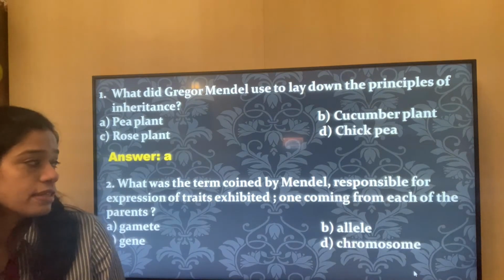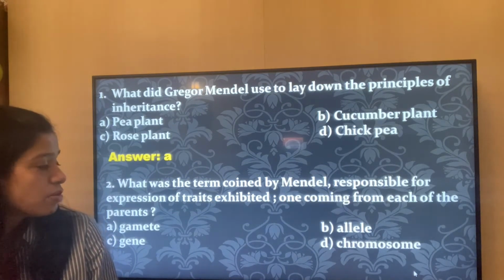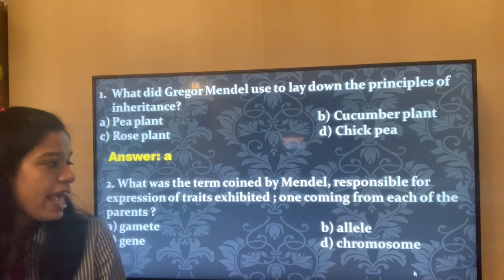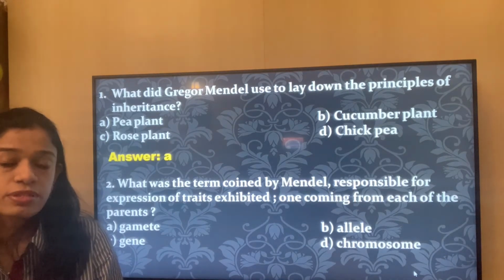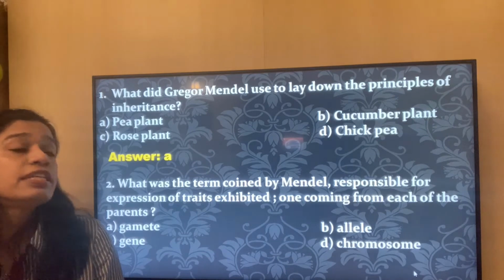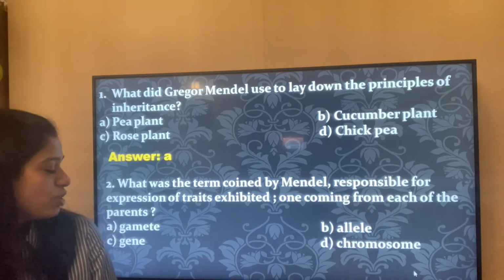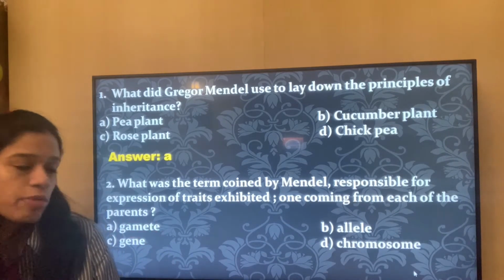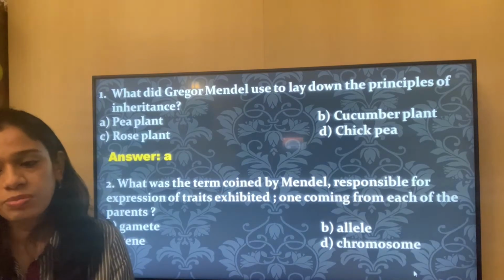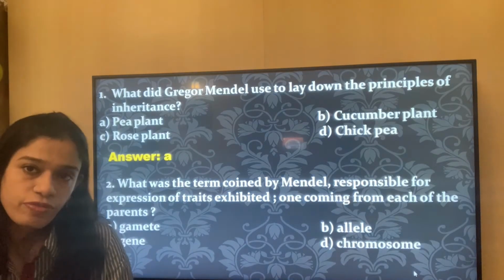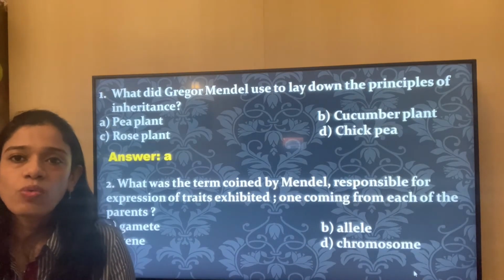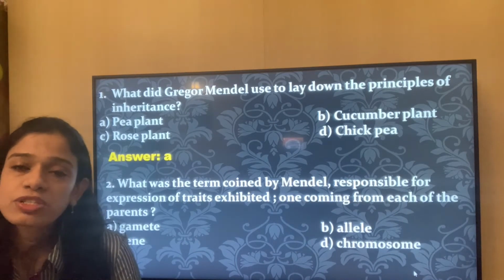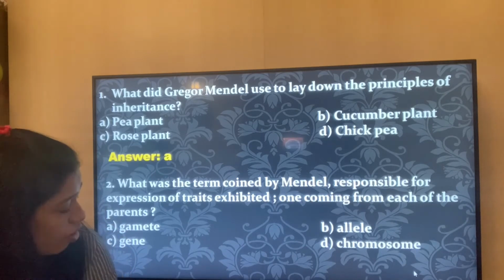What was the term coined by Mendel responsible for the expression of traits, one coming from each parent? It was not gamete, because according to the definition of gamete, it is not responsible for the expression of traits.